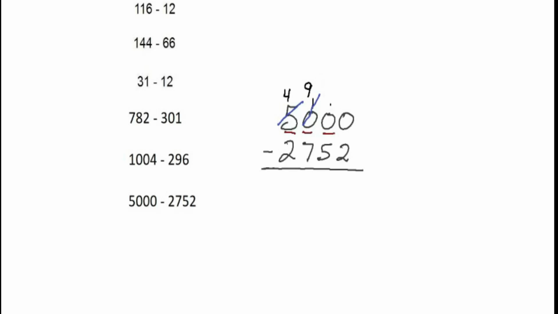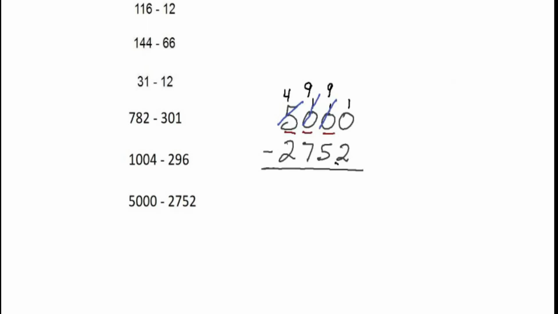That 0 is now 10. And now we can borrow from 10. We're going to cross out 10, and 10 becomes 9. And the 1 we just borrowed goes over the 0. 0 is now 10. And now we're ready to subtract in the ones column.